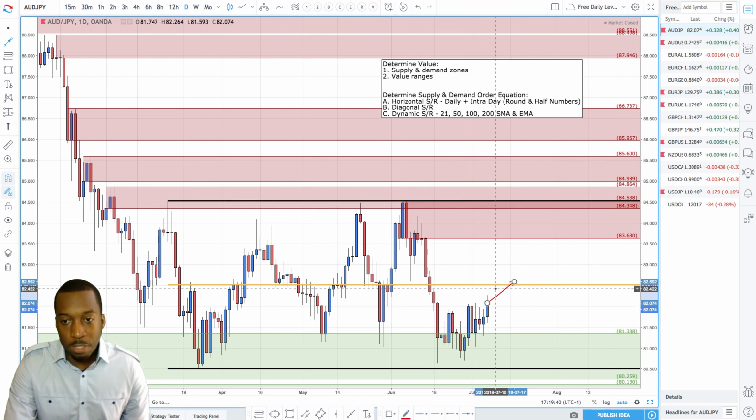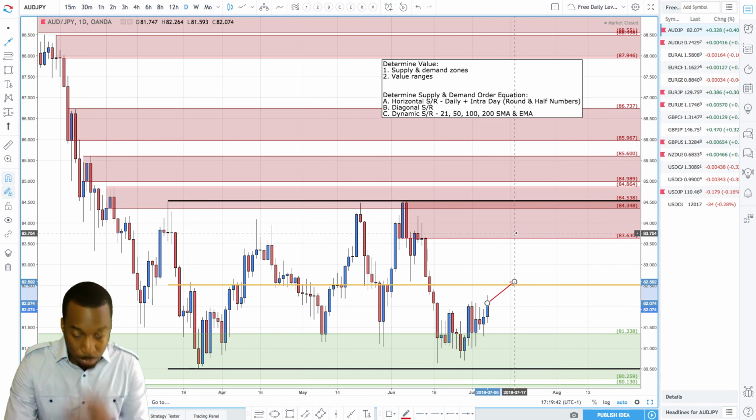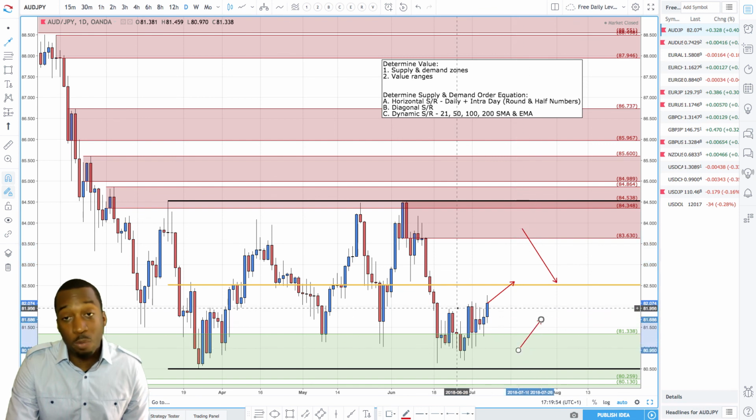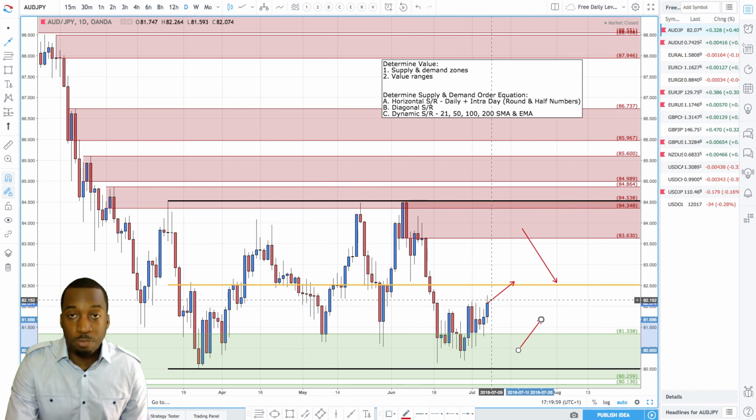So I'm looking at probably to the downside, but if we can get some bullish price action up into this zone here, this would be the first area I'd be looking to get short on the Aussie yen, and then this would be the first area I'd be looking to get long if I was a buyer of the Australian dollar, if risk on returns, right?